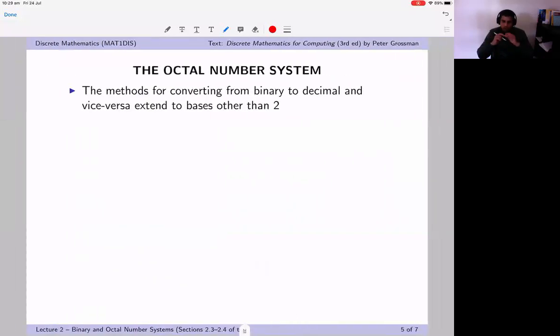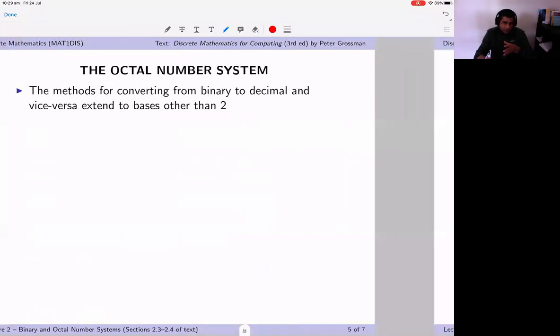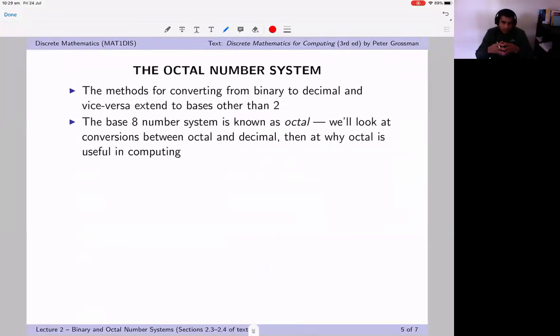Well, let's look at the octal number system. The method for converting from binary to decimal and vice versa extends to bases other than 2, as I just said. So base 8 system, remember, 4 and 4 fingers. Ignoring thumb counting, if you're only finger counting, that's exactly 8, right?